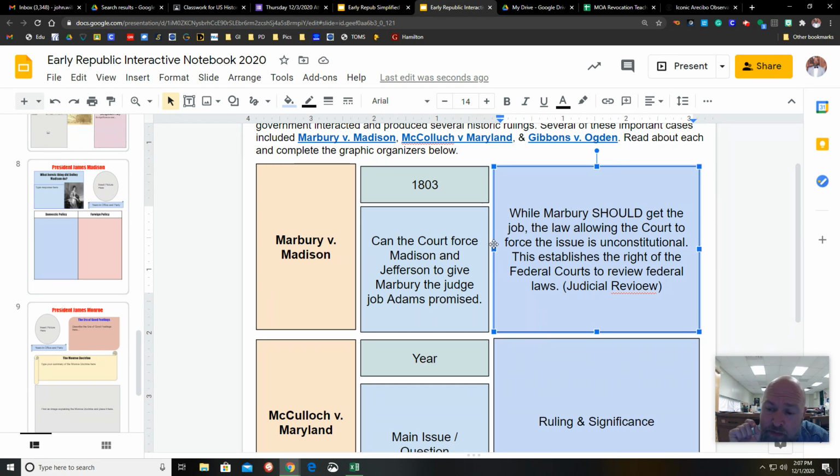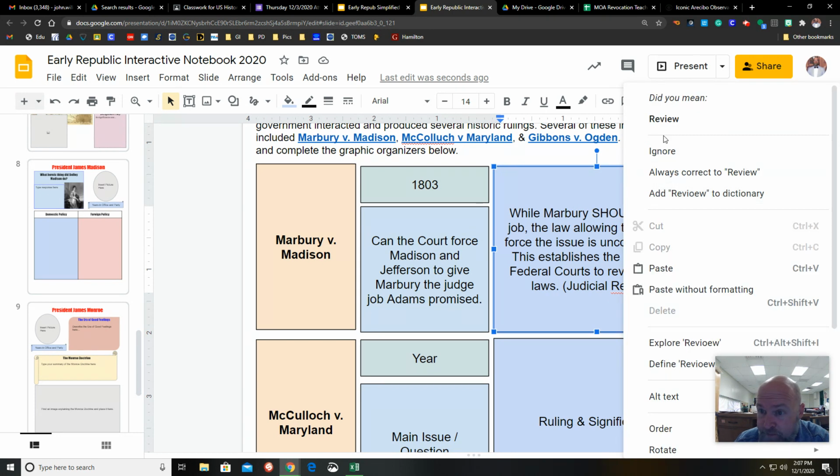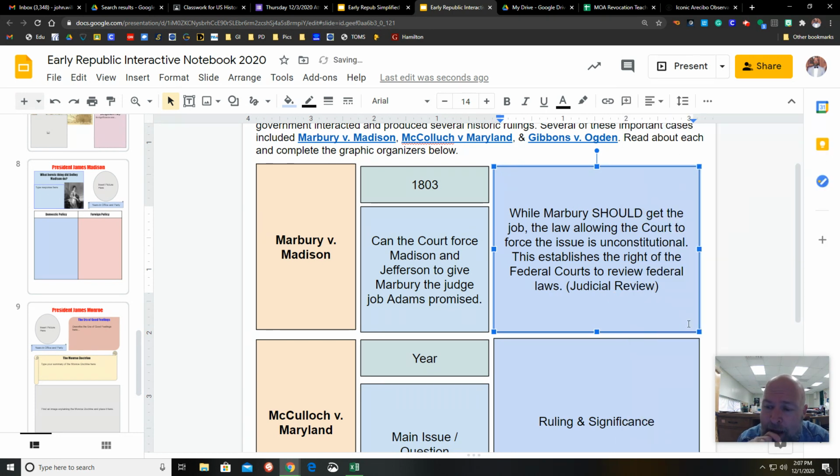This idea of judicial review is massively important because what this means is that if Congress passes a law or if a president passes an executive order that violate the Constitution, as John Adams and Congress had done with the Sedition Act, starting in 1803, the court says, wait a minute.